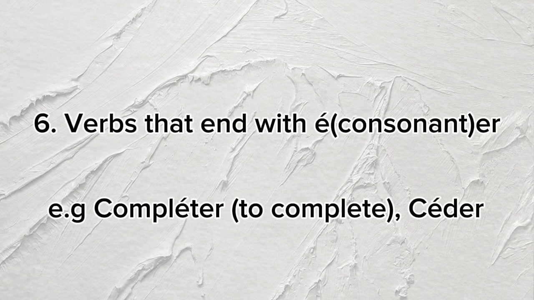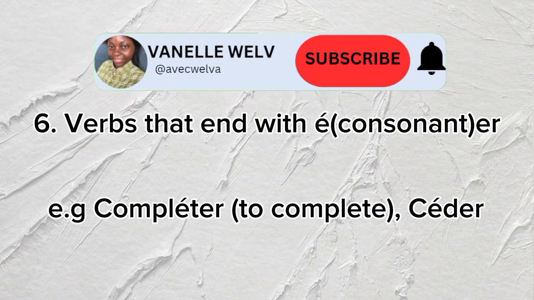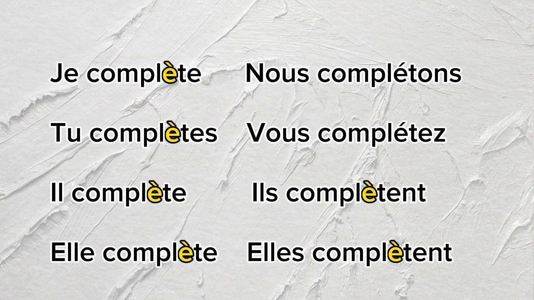So the last exception will be with the verbs that end with É, consonant, ER. Example, compléter, céder. So let's take compléter. So the acute accent in compléter is changed to a grave accent, except for the nous and the vous. Je complète. You see, it was complété.